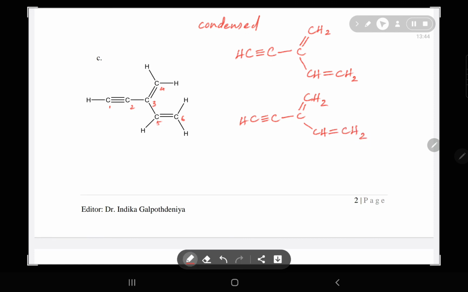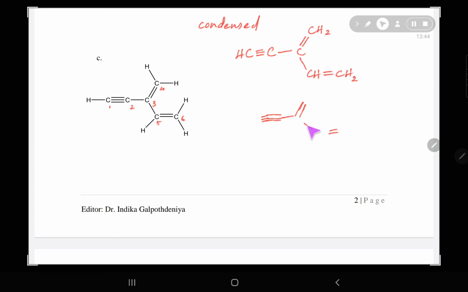All you need to do is remove the carbon-hydrogen labels. See? I just removed all the carbon-hydrogen labels, and these are the carbon bonds that are left. So just connect them.